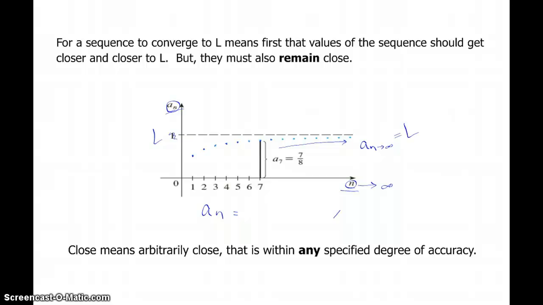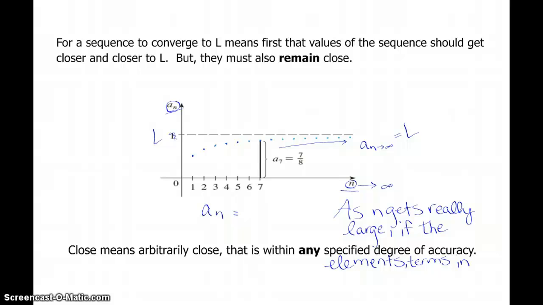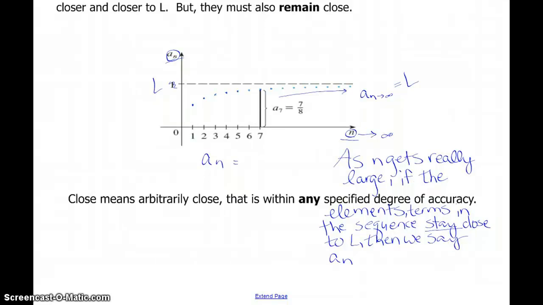And as n gets really large, if the elements or members or terms in the sequence stay close to L, then we say A sub n, our sequence, converges, and converges specifically to L.